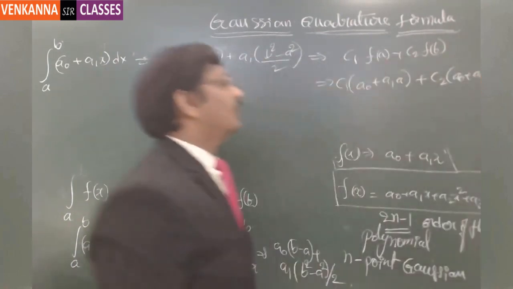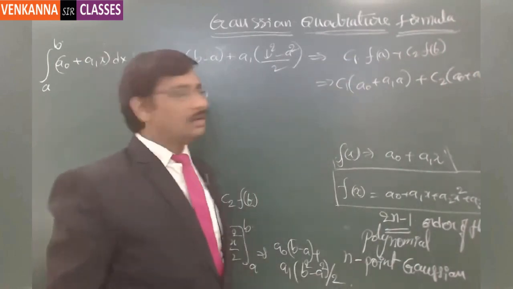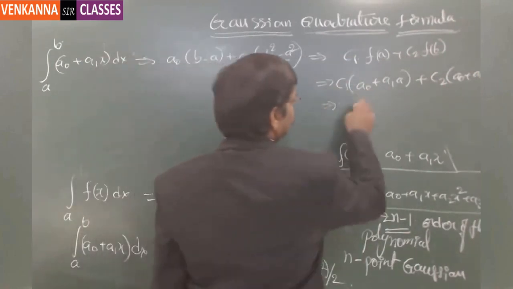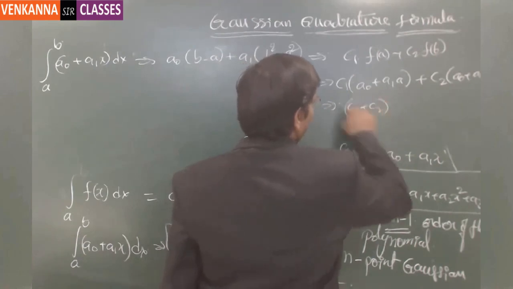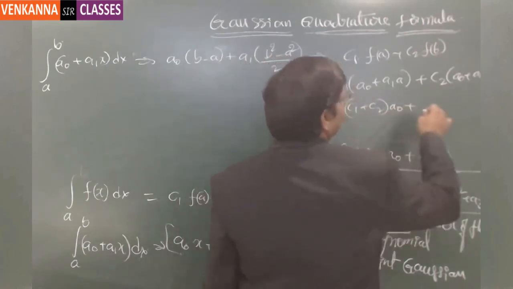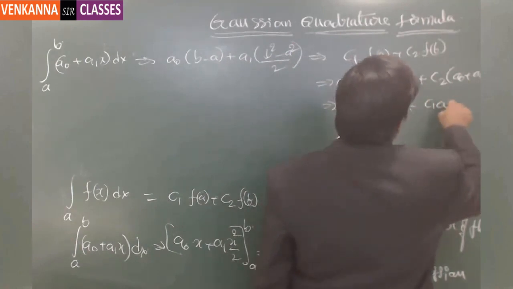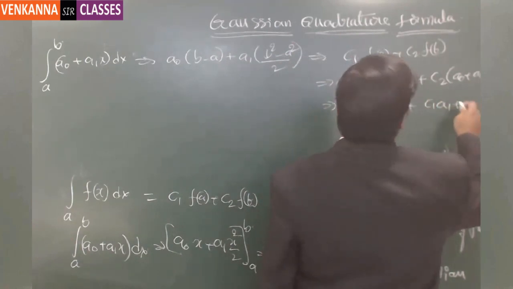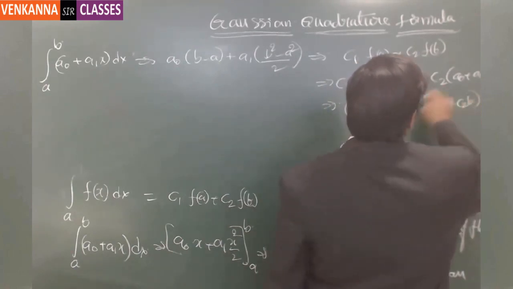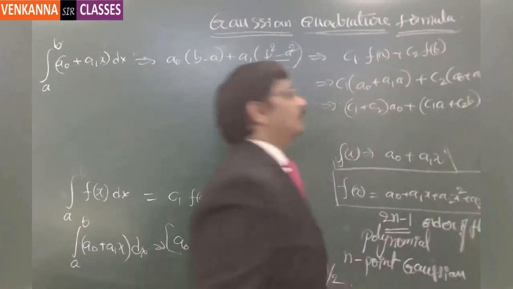So this is the functional value as per the Gaussian quadrature rule. Now this is c1 plus c2 times a0 plus c1a plus c2b times a1 is the simplified form.